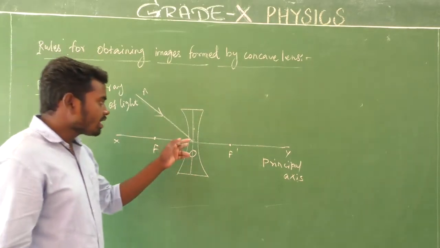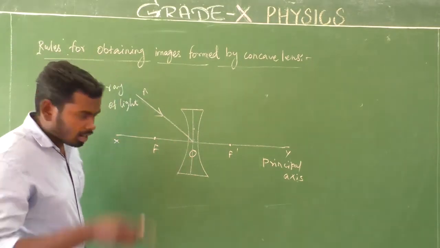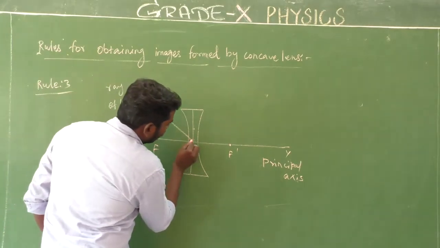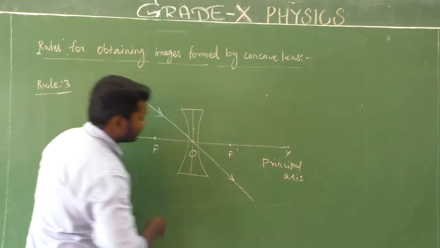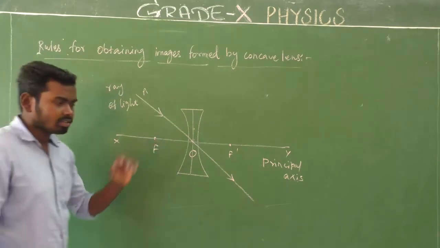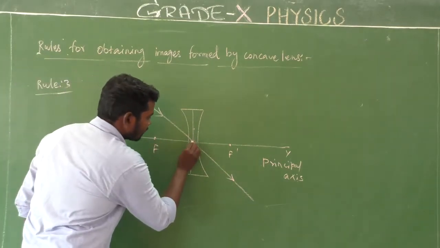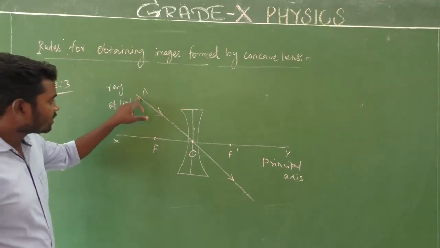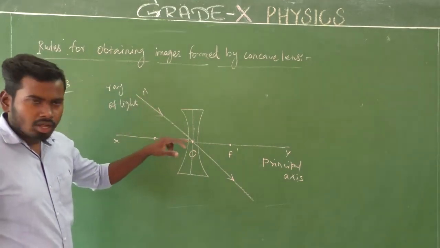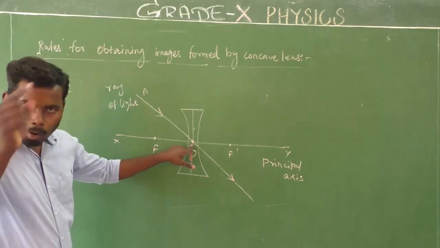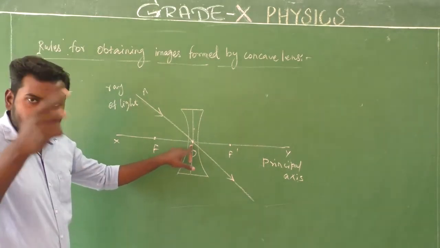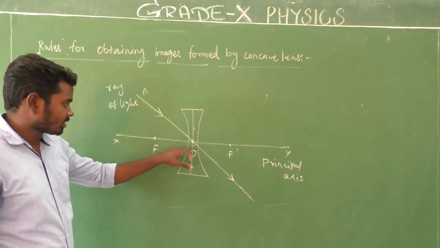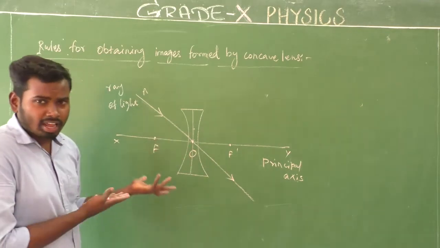Is it clear? So what is the next move? The light will go in a straight line like this. Consider ray of light AO, that ray of light which falls at optical center O. After refraction, actually there will not be refraction.